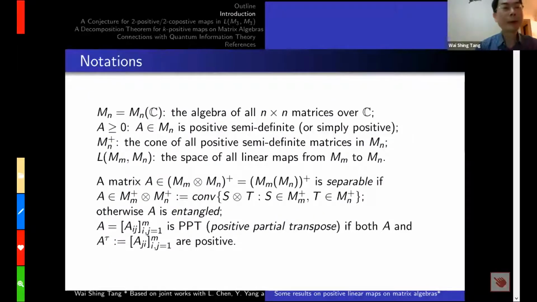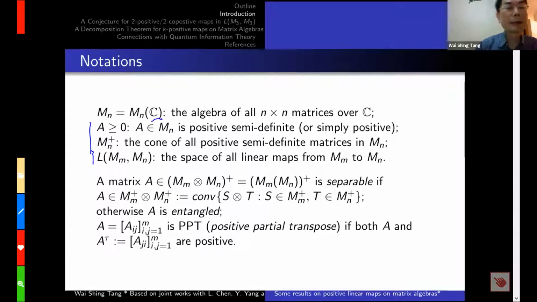Okay, so I'm following the standard notations for matrices. We are dealing with complex valued matrices. A positive semi-definite matrix, or simply positive matrix, is denoted by A greater than or equal to 0. And of course, Mn plus denotes the collection of all positive matrices. And then L from Mn into Mn is the space of all linear maps from Mn into Mn.